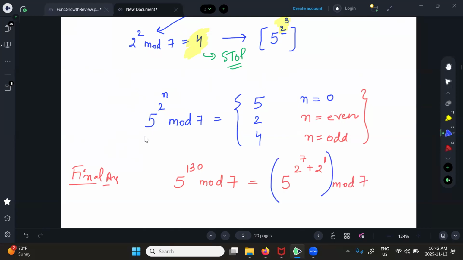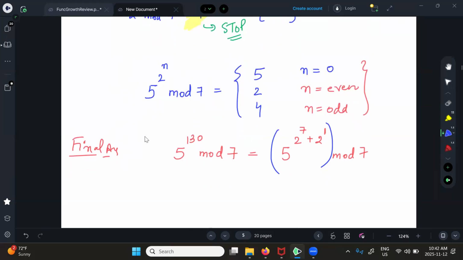Good. So 5 to the power 7 is nothing but, I can write it like this, mod 7, right? And because it's the mod function, I can distribute it.